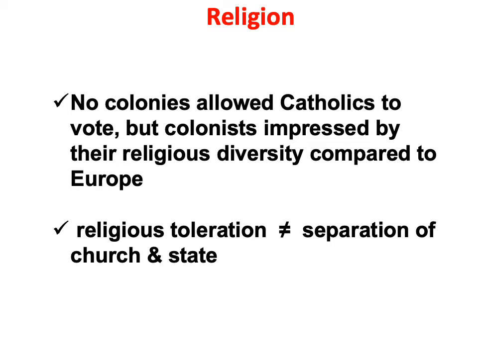They essentially began to tolerate other religions, but it's important to recognize that this religious toleration was not the same as a separation of church and state, which we'll see embodied in the First Amendment of the Constitution. Rather, most of the colonies had an established religion within that colony, and people were required to pay taxes to support that church.